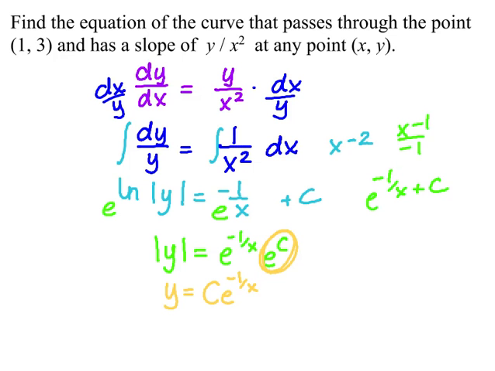So then now all I'm going to do is plug in 1 and 3. I'm going to plug in 3 for y and 1 for x. So basically I get 3 equals c e to the negative first power. You don't have to do plus or minus, because if you look at the graph of this one, it's always going to be positive.